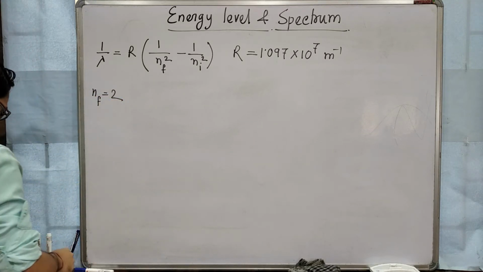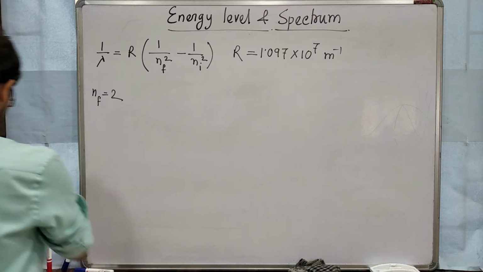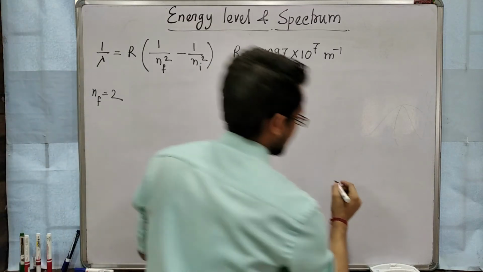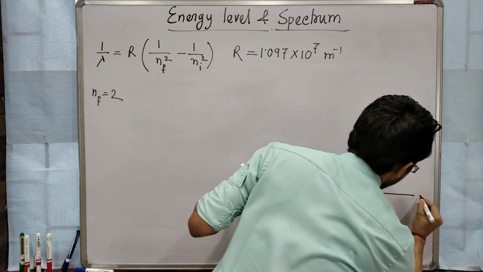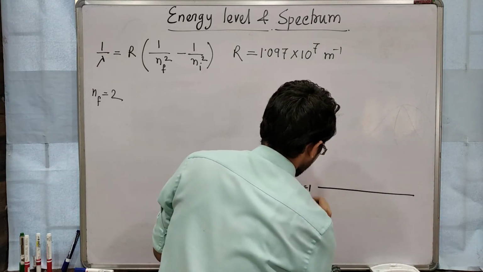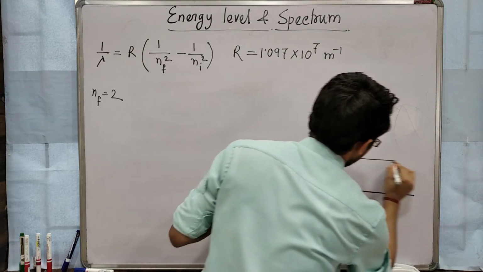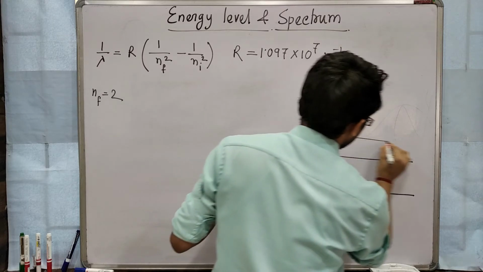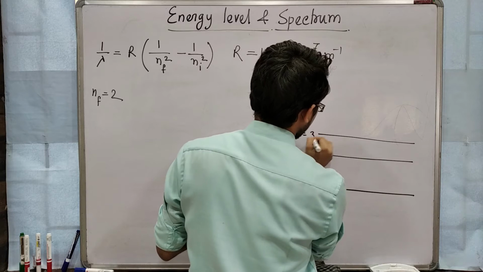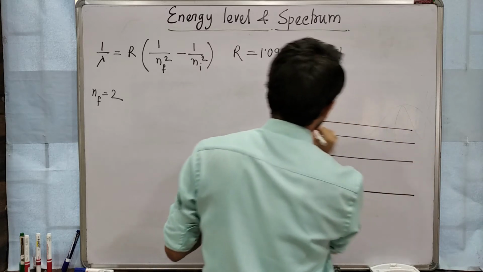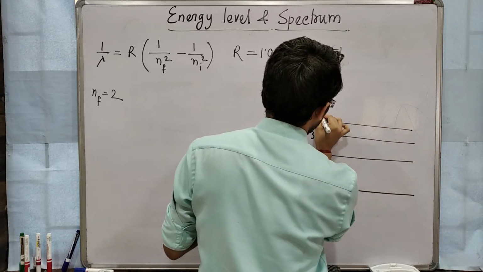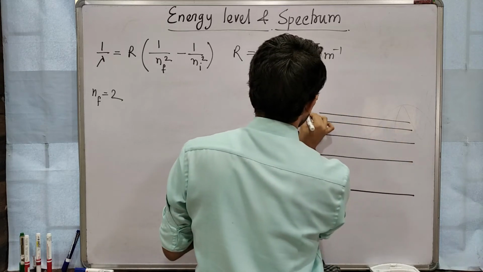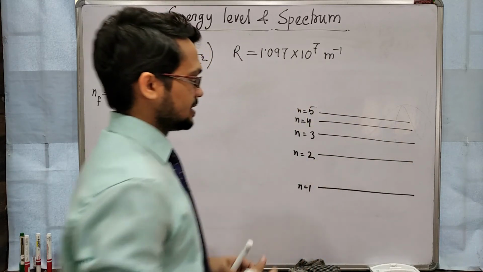Again I am drawing the diagram. This is n equal to 1, n equal to 2, n equal to 3, n equal to 4, n equal to 5. Suppose I am drawing 5 levels.